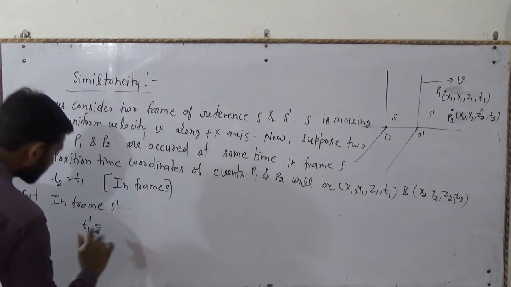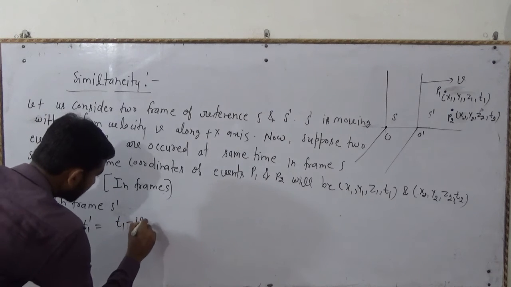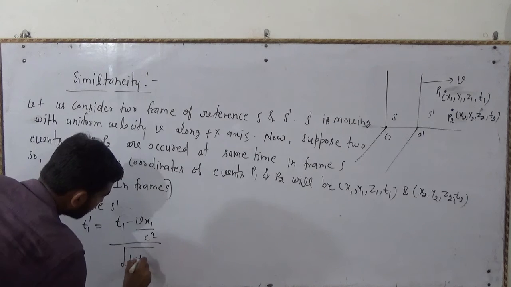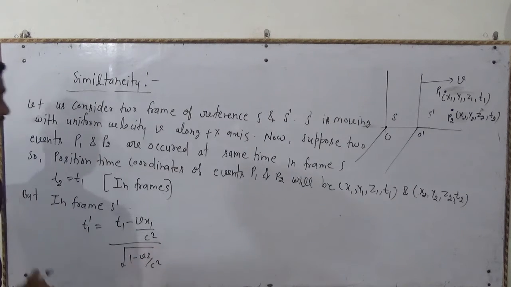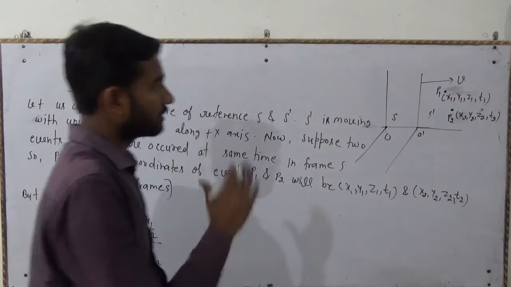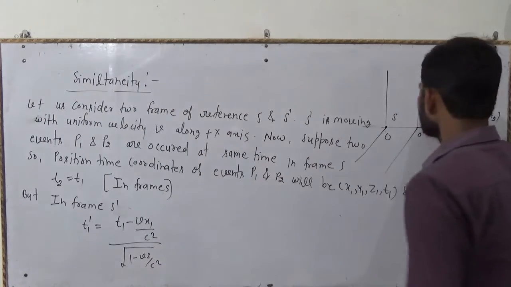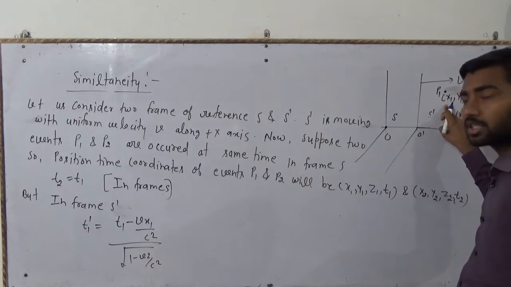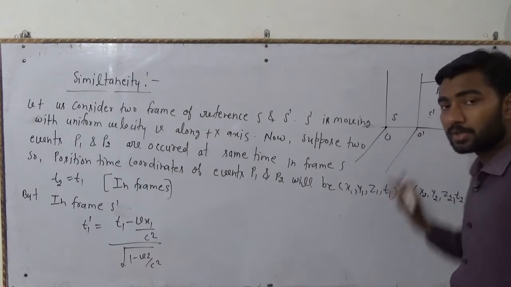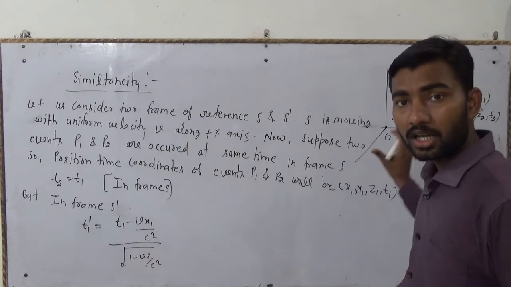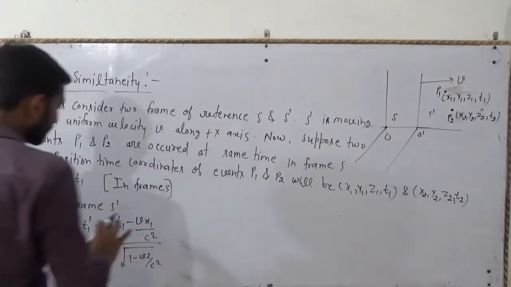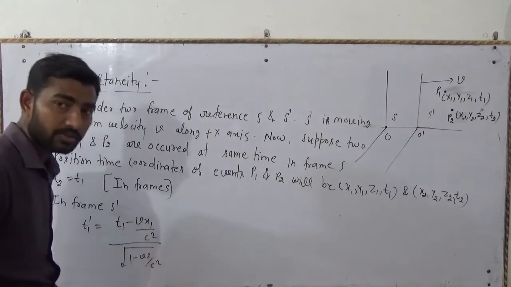T1 dash equals T1 minus V x1 by c square, upon under root 1 minus V square by c square. Here we have written x1 because for this event the position coordinate is x1, so we have written x1 in place of x.